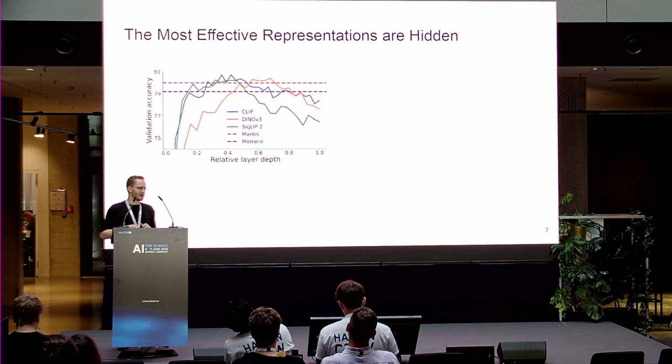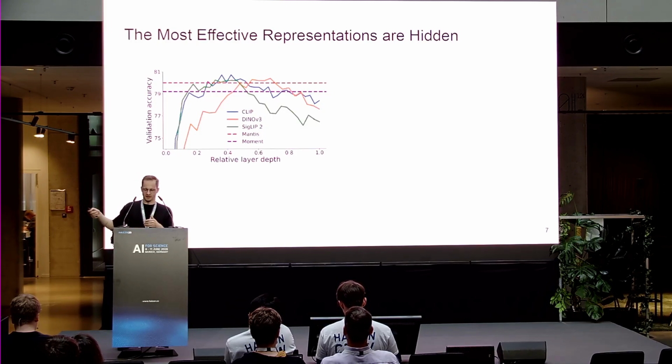I mentioned before that the choice of layers is actually important in order to get competitive performance. What we do in this experiment is take representations after every layer of the vision transformer. So we have a sequence of tokens that get processed layer by layer, and at every layer we aggregate these representations into a single representation by just averaging them.